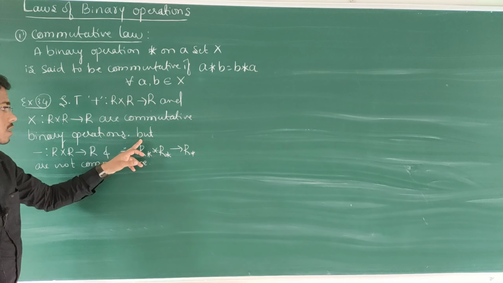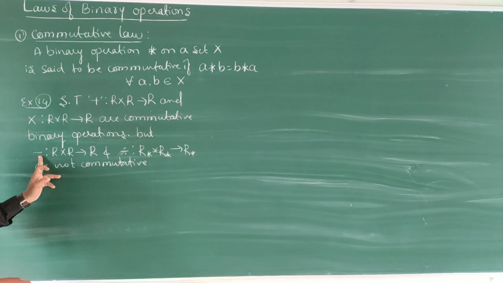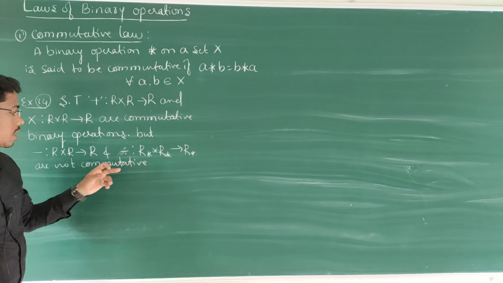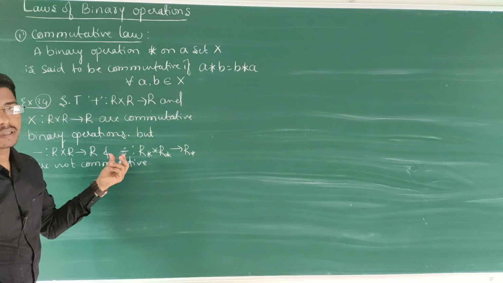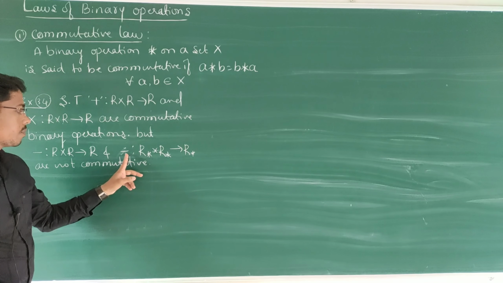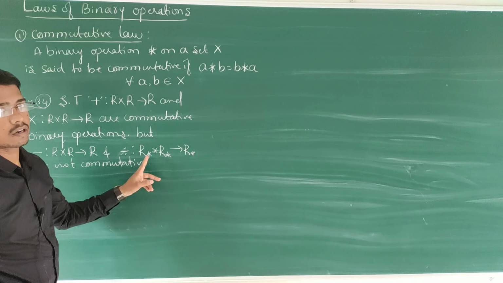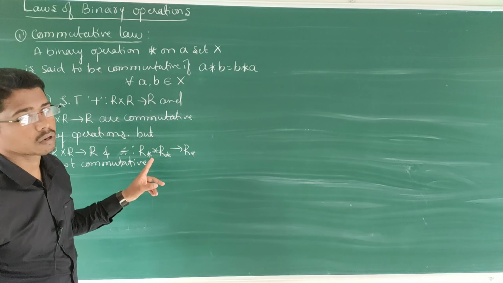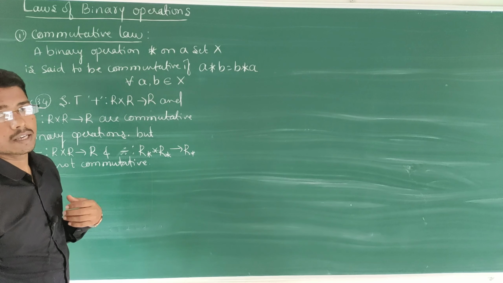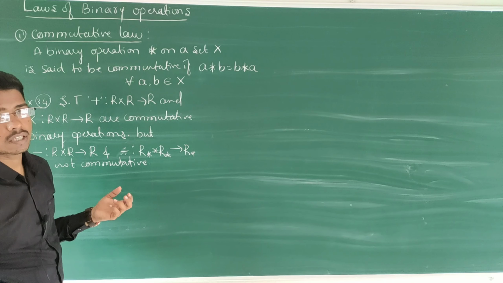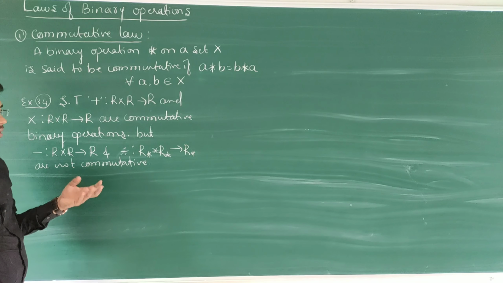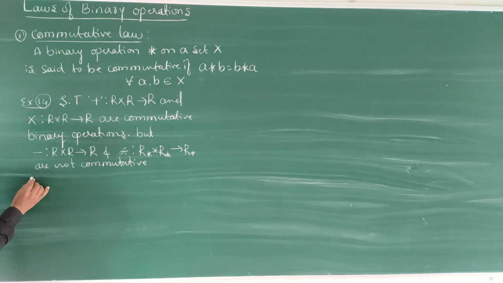But subtraction and division are not commutative on the set of real numbers. For division, R star is considered. R star means non-zero real numbers, excluding 0 from the set of real numbers. So let us see the solution.